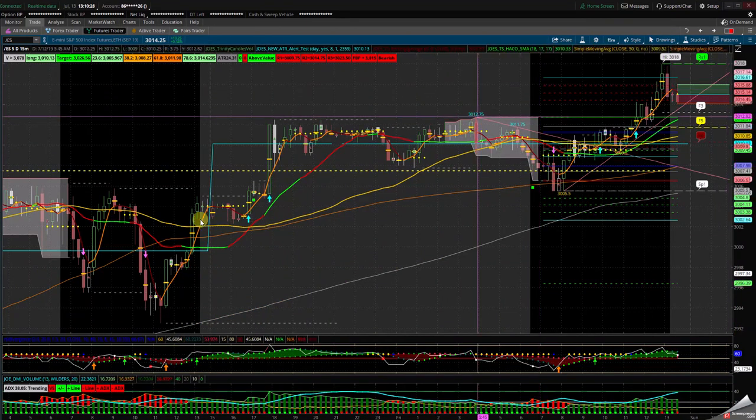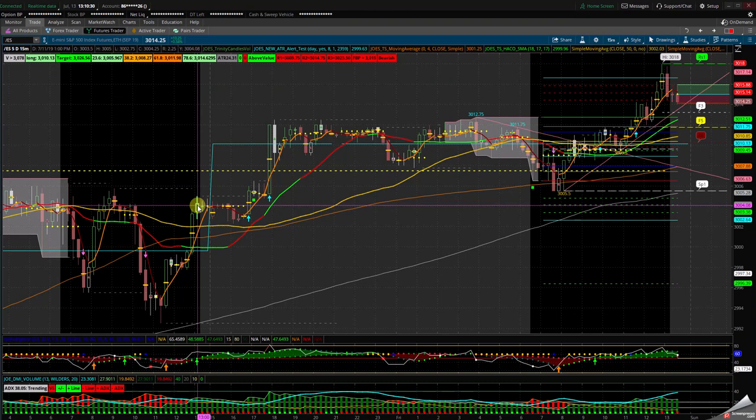Friday's close at 3 p.m. or 3:15 had a high of 305. The close was 304 and a quarter. But in the overnight action, we had 302 quarter, and the high was 312.75. So we were inside the range.